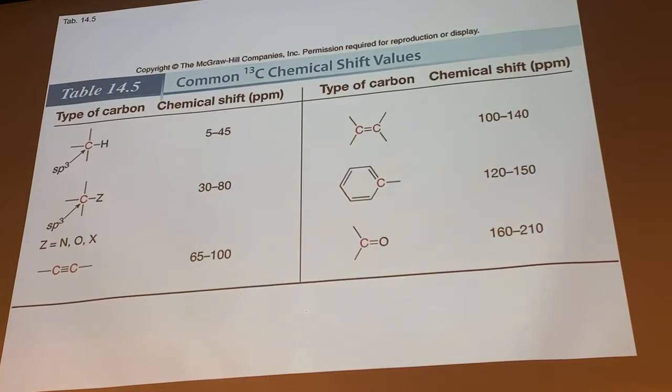If we have pi electrons from alkenes or benzene rings, we have strong deshielding. Carbons of alkynes are more shielded than carbons of alkenes or benzene rings. And then a carbonyl carbon is going to be our most deshielded because it is deshielded by the pi electrons as well as by the electronegative oxygen. So all of this should make sense based on what we learned with proton NMR.